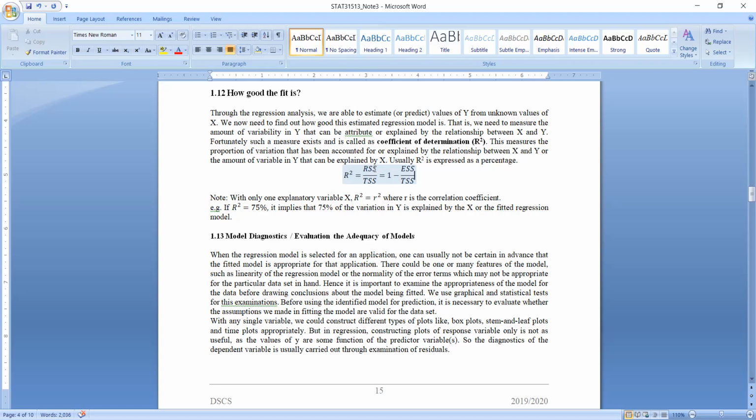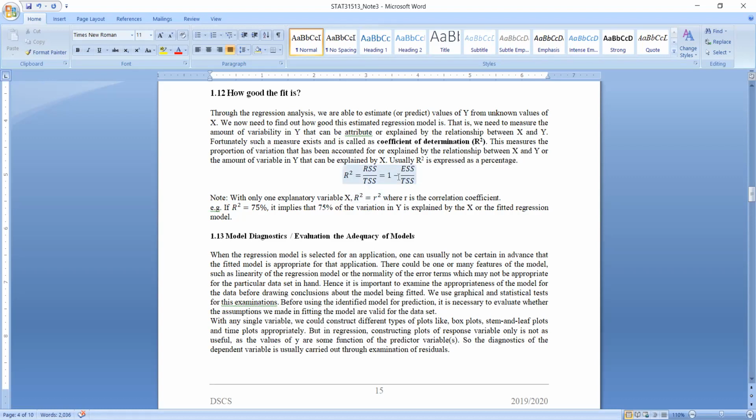As a percentage, it shows you how far your x variable is explaining the variation of y. So if you have a good value, which is more than 50-60%, your model is a good fit.